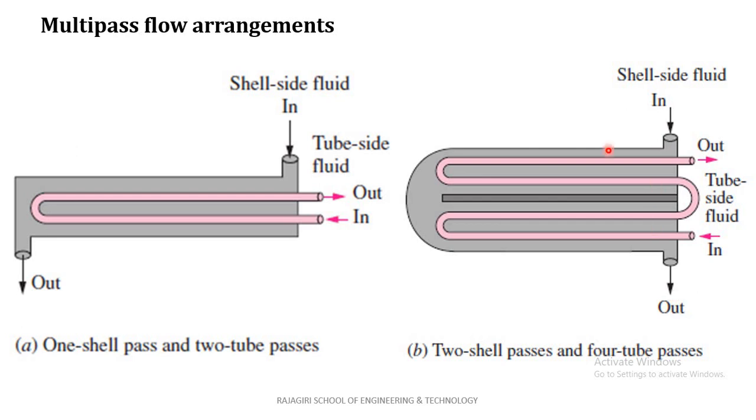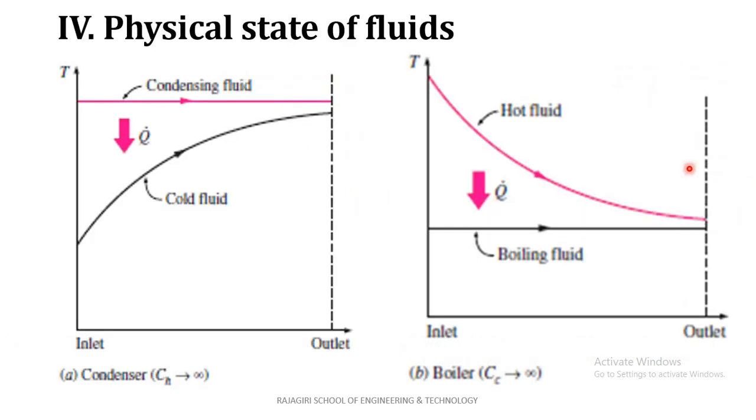So 2 shell pass, and you can see 1, 2, 3, 4 tube passes here. It can be 4, 8, 12, 16 and so on.